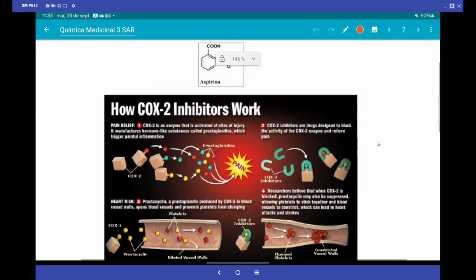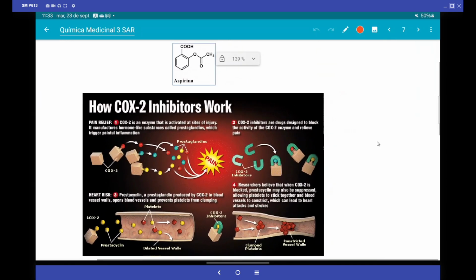Now about aspirin. A particular comment: it is also one of the drugs, one of the best-selling pharmaceuticals worldwide, and one of its applications, apart from treating pain and inflammation, is as an antiplatelet agent. That is, it prevents platelets from aggregating and thrombi from forming, which could be useful for heart attack, acute heart attack.